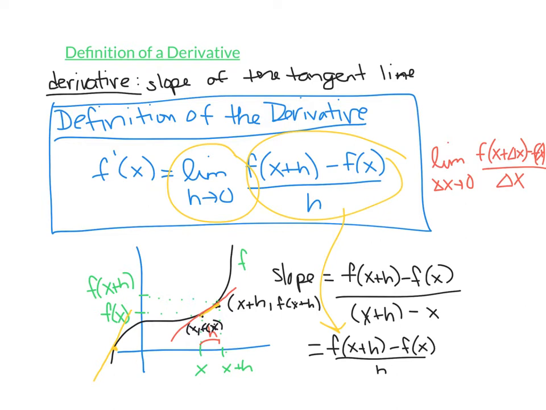So I think it's important that you get exposed to it. I hope you understand it even just a little bit. You kind of get an idea where this comes from so that you're not just blindly plugging in numbers. But like I said, you're probably not going to be doing a lot of stuff related to what I just did. So don't worry if you don't quite get it.